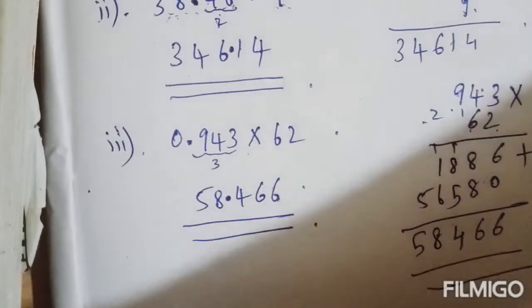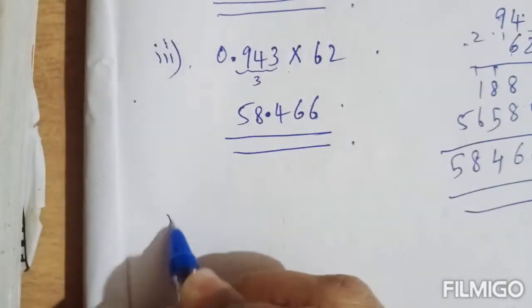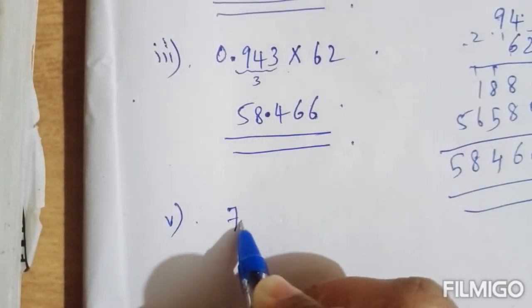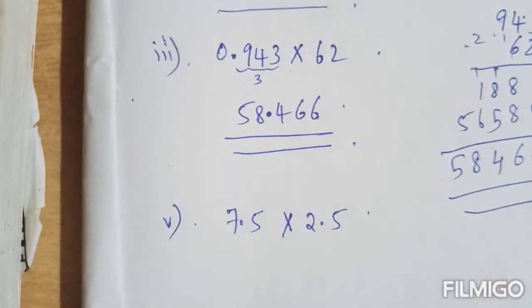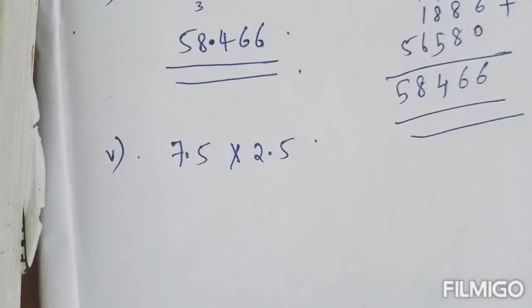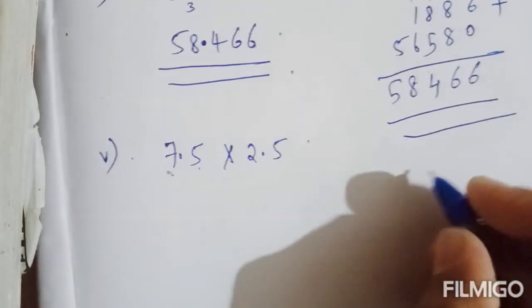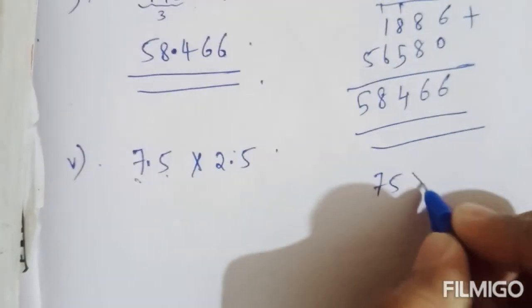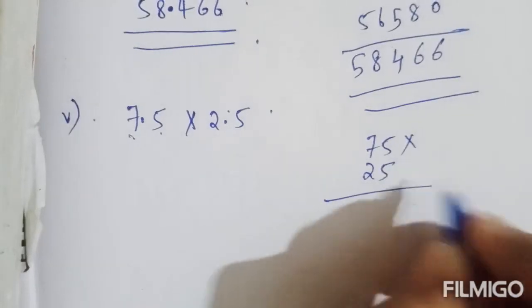Okay, next fifth one. In that fifth one, 7.5 and 2.5. So you can take the given decimal fractions without the decimal point. So this will be 75 and second will be 25. 75 into 25 first you do.